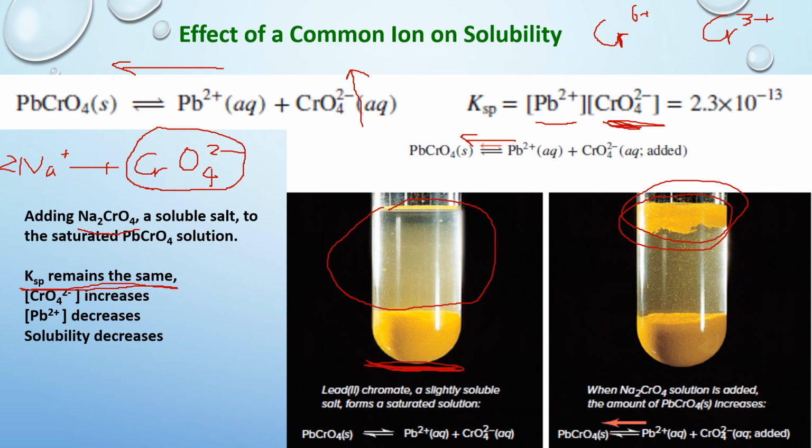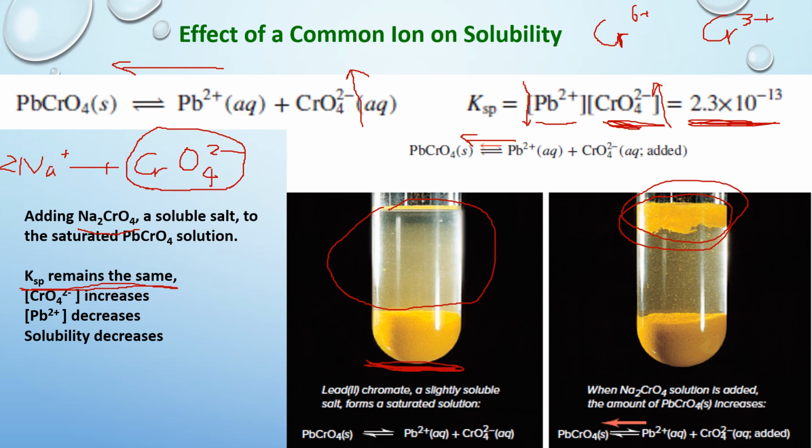So when the concentration of this chromate increases, and we have to keep the KSP the same, that means the concentration of the lead must be decreasing in the solution.